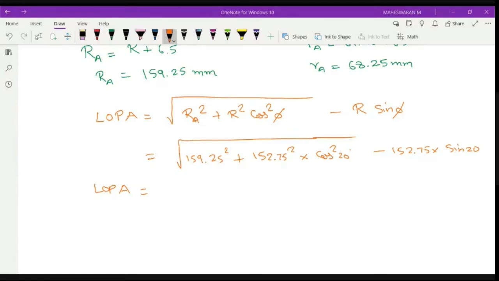So length of path of approach is 162.1415. Sorry. Length of path of approach is 162.1415.